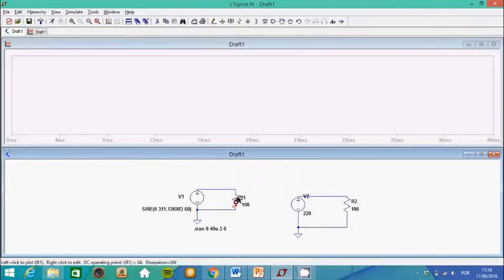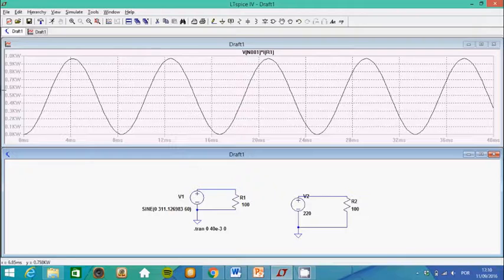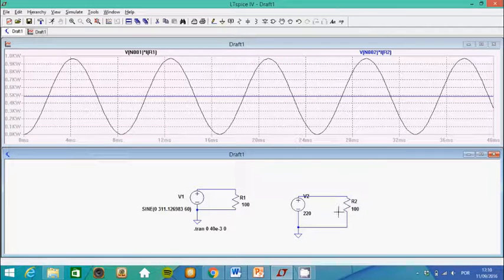First, let's view the power, the instantaneous power of this circuit. Let's view the instantaneous power of this circuit. It's important to note that the blue line is the instantaneous power of these circuits.